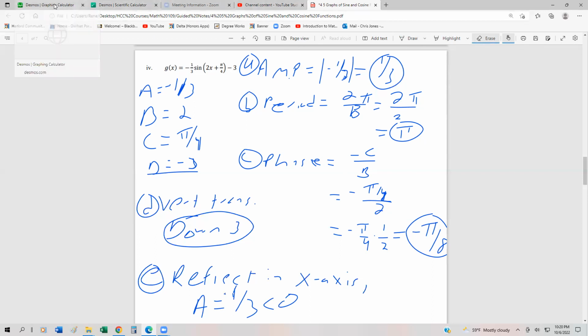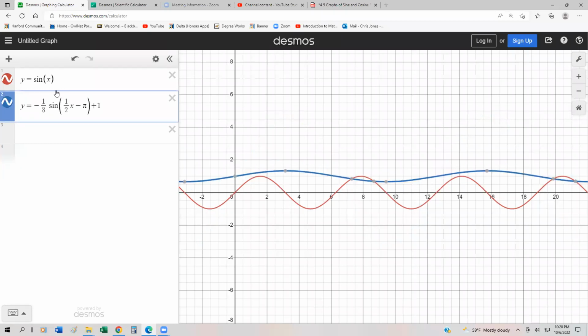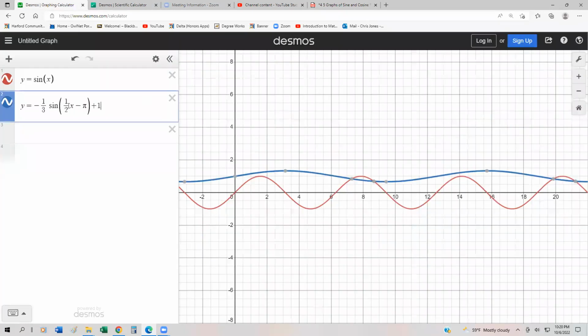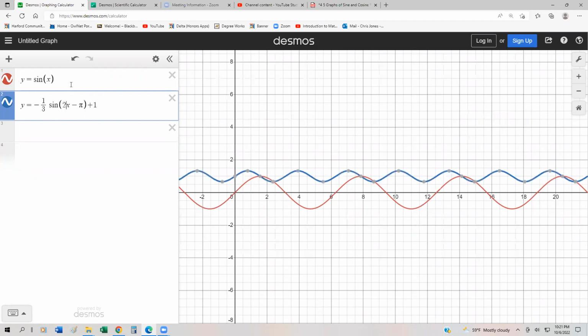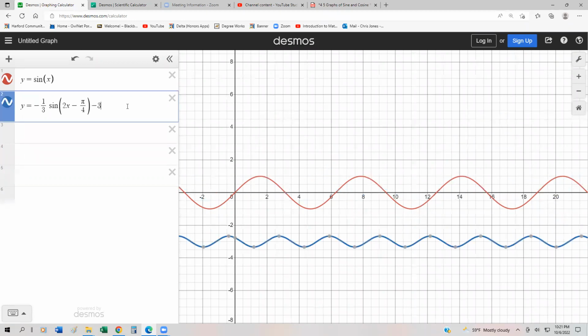So in our graphing calculator, we have negative 1/3 sine of 2x plus pi over 4, and then minus 3. A few things to note.